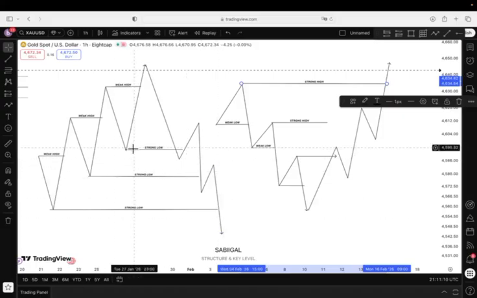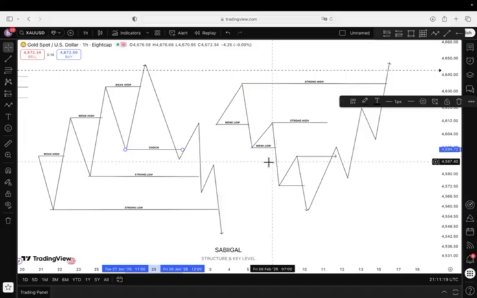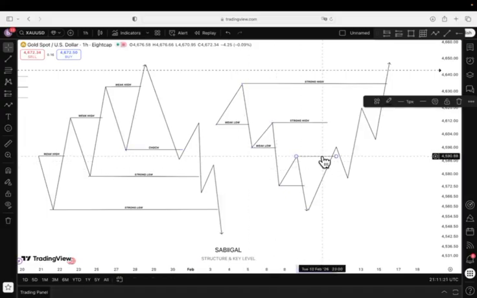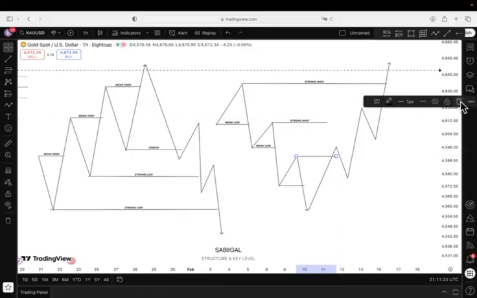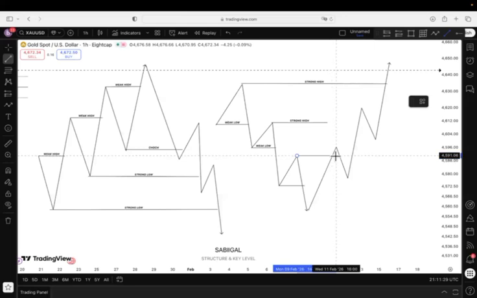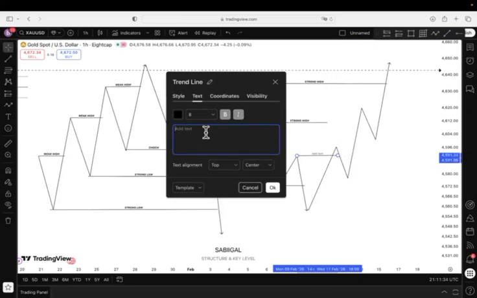When one gets taken out like this, this strong low now becomes what? A change of character. It can be seen as CHOCH, the same thing here. CHOCH: change of character.